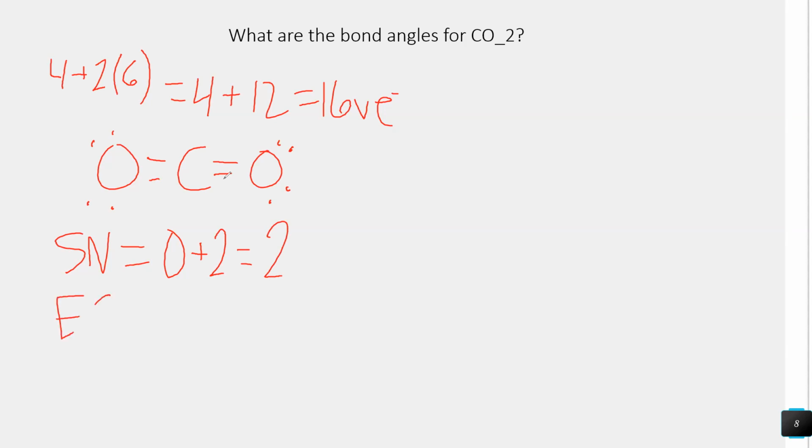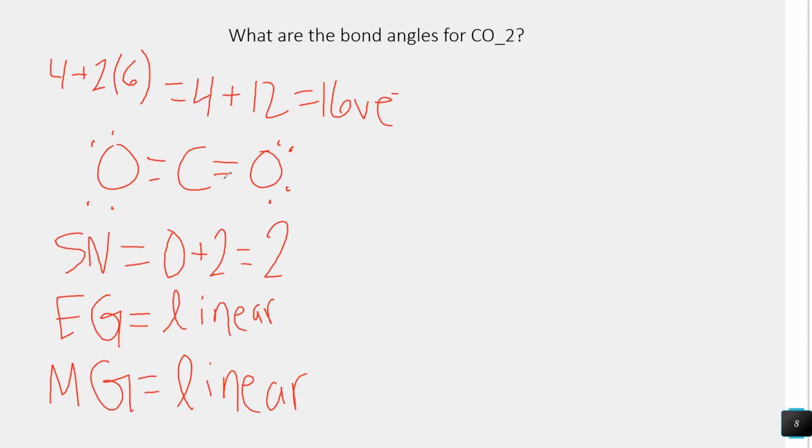Then a corresponding electron geometry. And when you look at the chart, you see that that is in fact linear. And then the molecular geometry for a steric number of 2, there's only one option, which is linear.